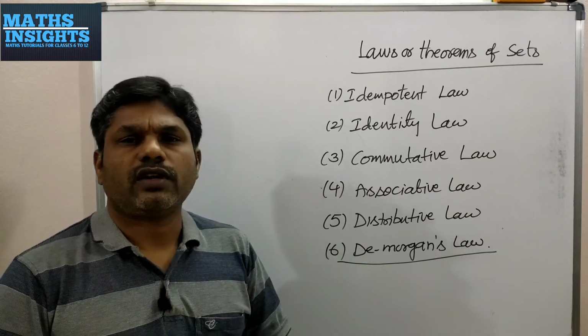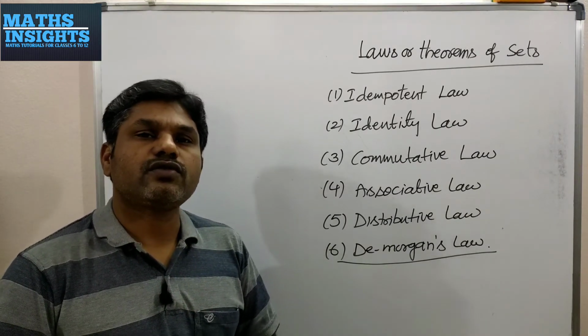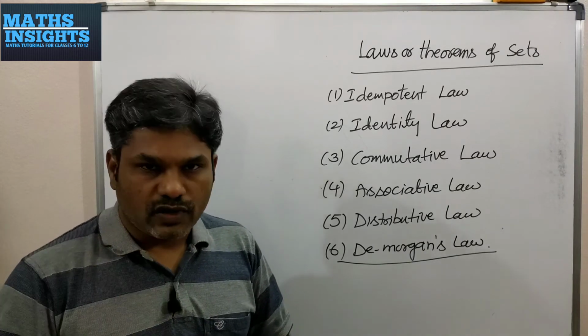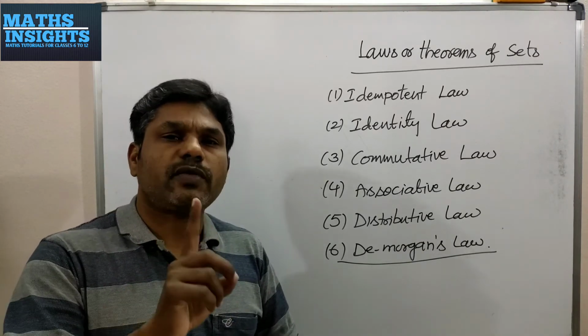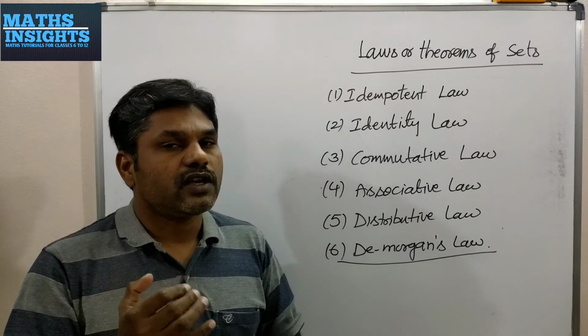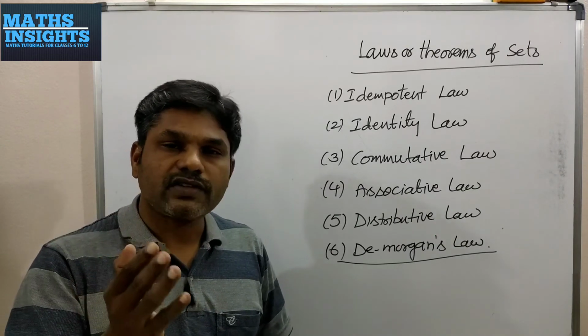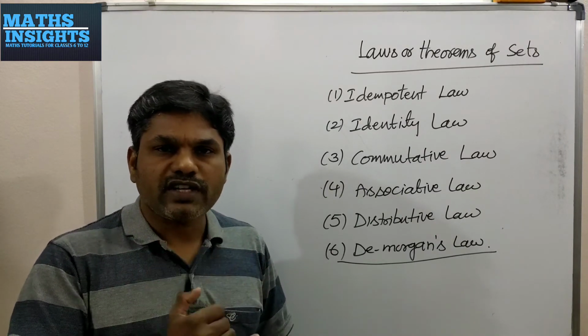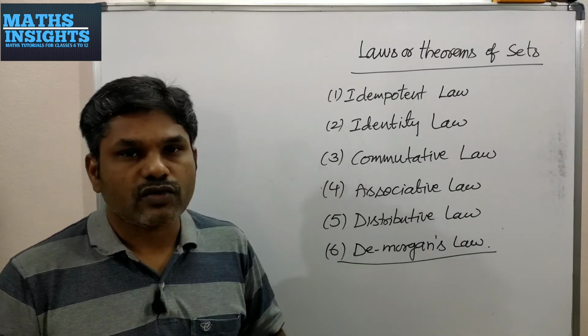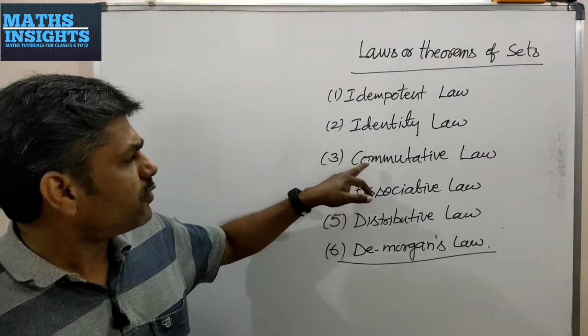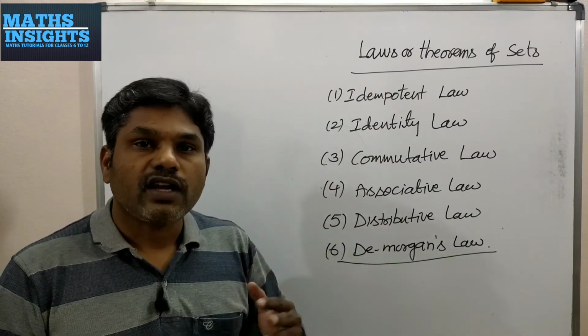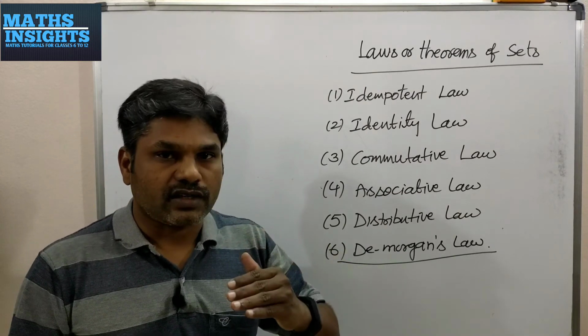Coming to distributive law, it's very important. In algebra also you have distributive law. Instead of taking one operation, we will take both operations, plus and multiplication. In a similar manner, in sets, in associative law and commutative law, you have taken union or intersection.